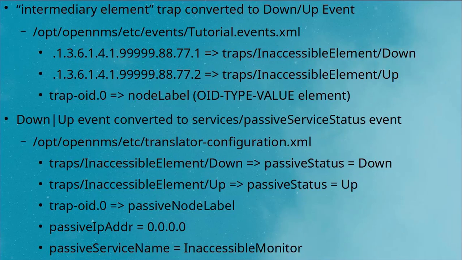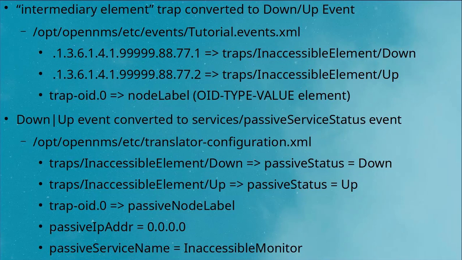The initial traps to events conversion was configured in Tutorial.events.xml. Both down and up events were converted to service/passive service status events through the event translator as configured in translator-configuration.xml. The passive status was set to down or up as appropriate.